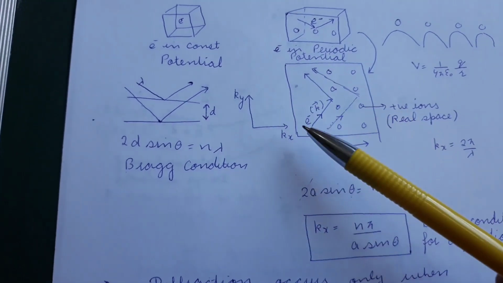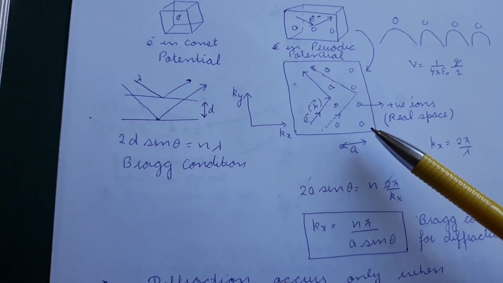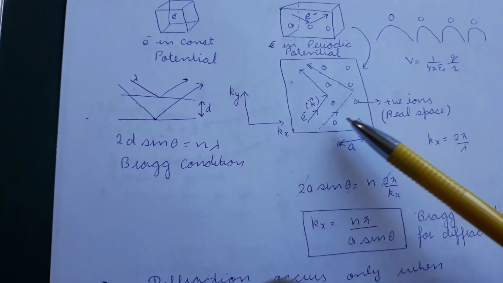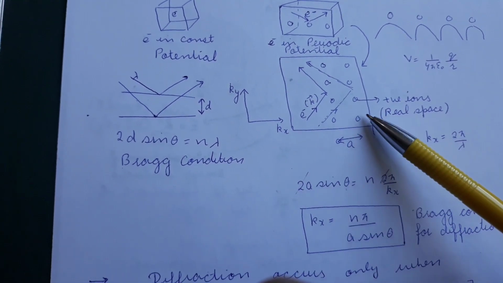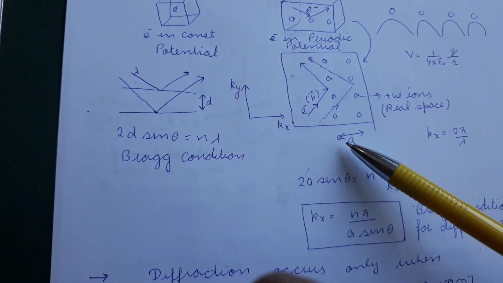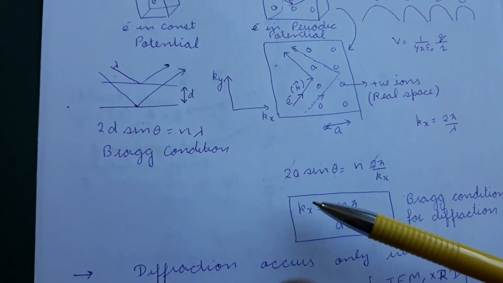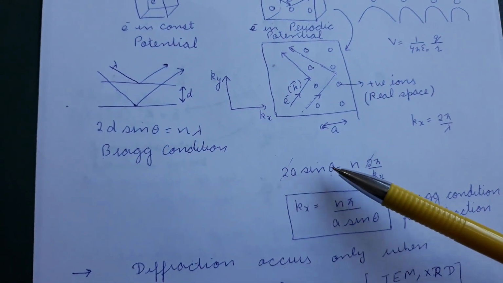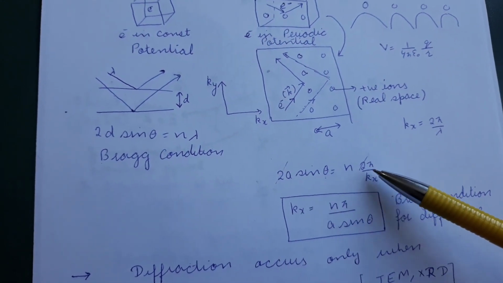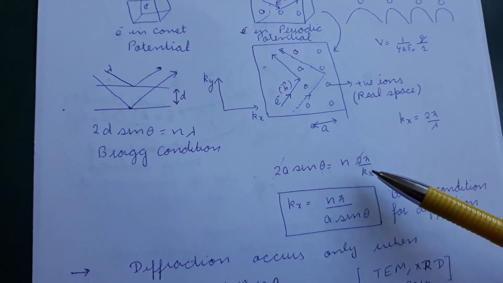Suppose this is a two-dimensional lattice, and this is actually real space, where the interplanar spacing or the interatomic spacing is a. Then if we compare these two situations, we can write 2a sine theta is equal to n lambda, and we can replace lambda by 2 pi upon kx.